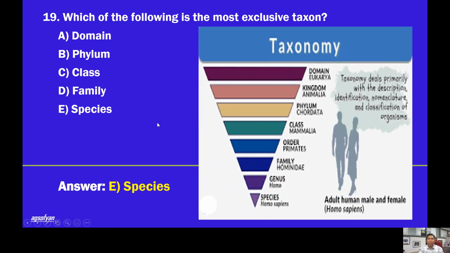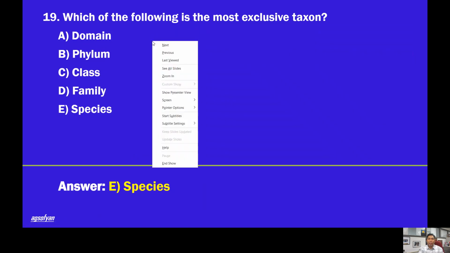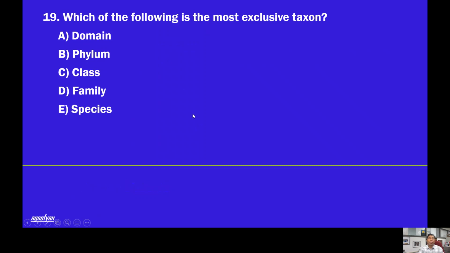Which of the following is the most exclusive level? A. Domain, B. Phylum, C. Class, D. Family, E. Species. Choose your answer.